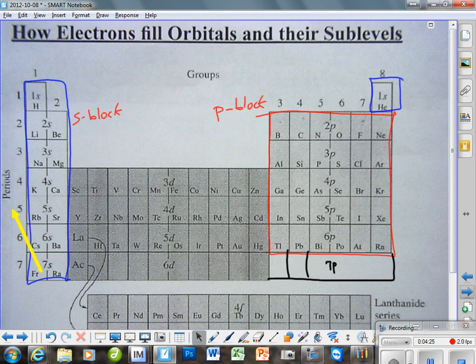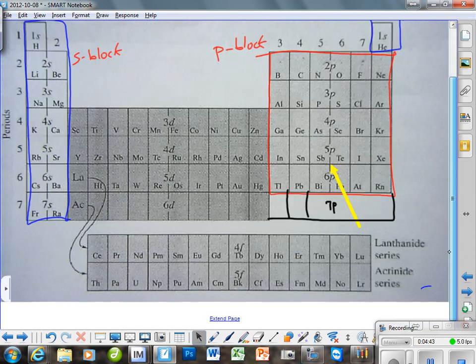Okay, 5 is here. So, first of all, we look in the S block and see, do we have a 5? Indeed, we do. Now we look in the D block. Do we have a 5? By golly, we do. And do we have 1 in the P's? Yes. And now we look down in the F's. Do we have a 5?